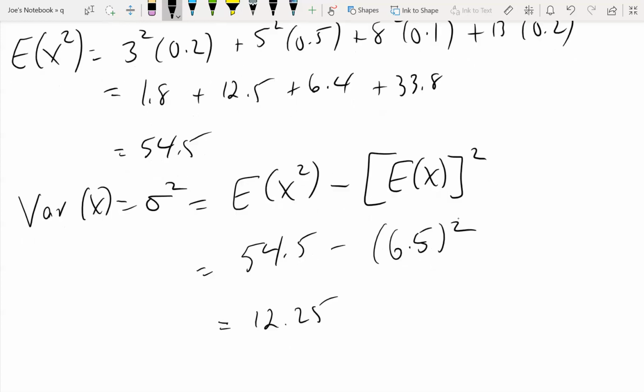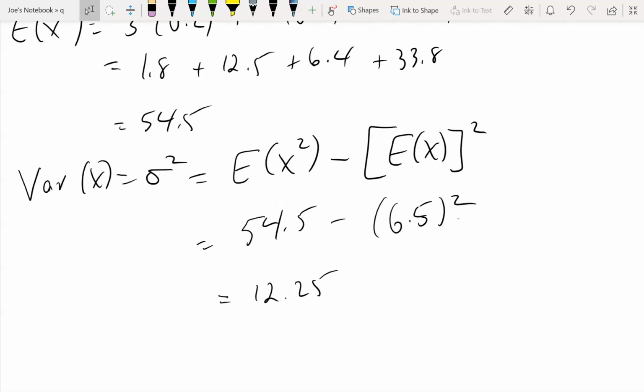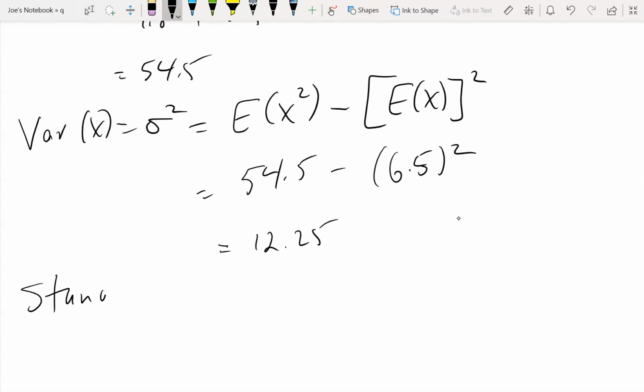So variance is a way to calculate on average how spread out the data are, how far things are away from the mean. Now, of course, to do that, we squared things, right? The on average part is the expected value, but we squared things to make it not negative. So the way we adjust back to how far on average things are from the middle is the standard deviation.